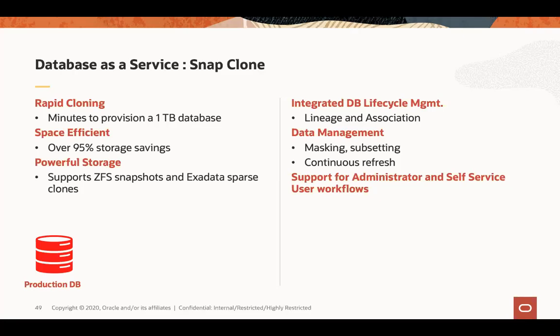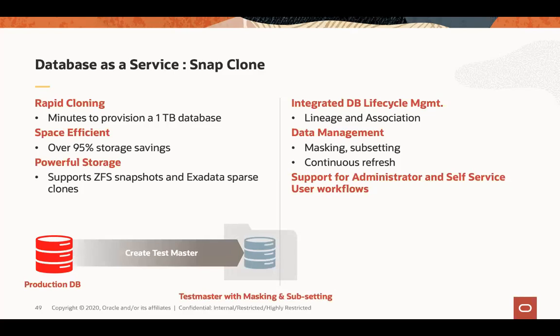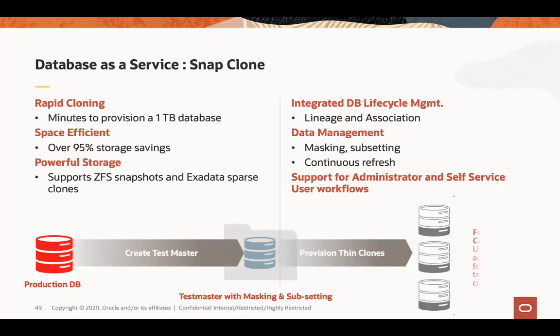And the way this works is you take your production database, you then create a test master, which is a full copy that's done just one time. And from there, anytime someone requests a thin clone, they can basically request those clones. So these become functional copies, and they're provisioned very quickly and with reduced storage.